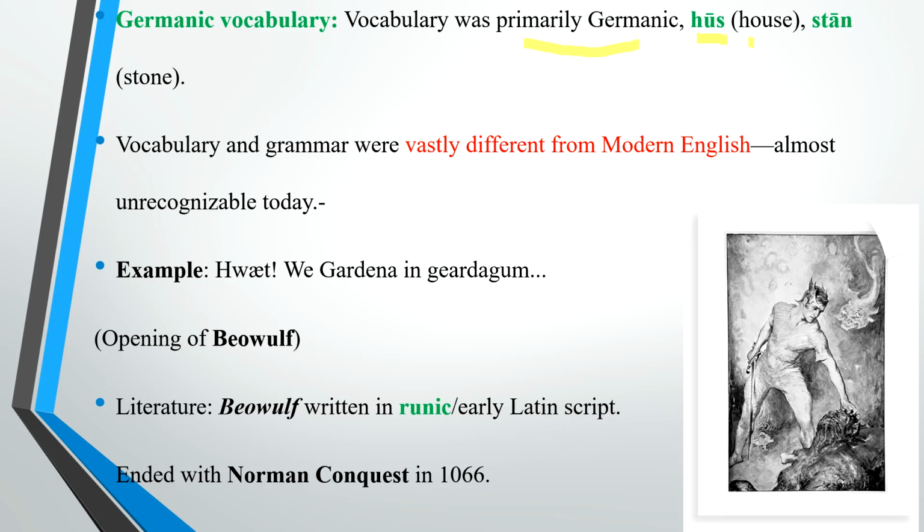They are almost unrecognizable today. So when we read Old English, it looks like a strange language to us because its vocabulary and grammar are completely different from modern English.